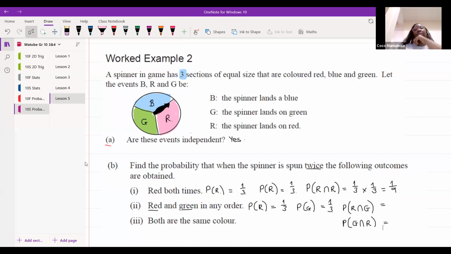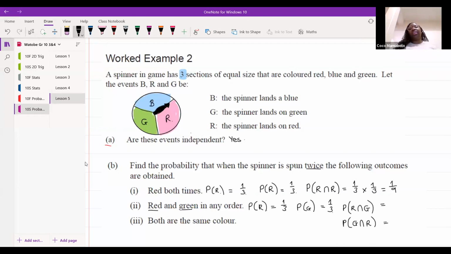So the red one, ne? Both times, ne? Does both and now mean the same thing? Correct, because all of them have the same probability, don't they? Because they're cut into equal parts, right? They cut into equal sections.